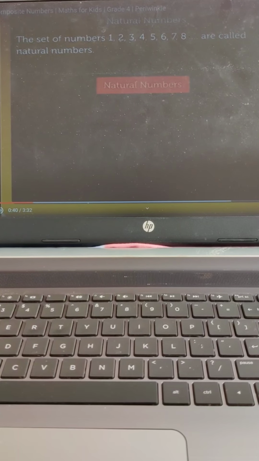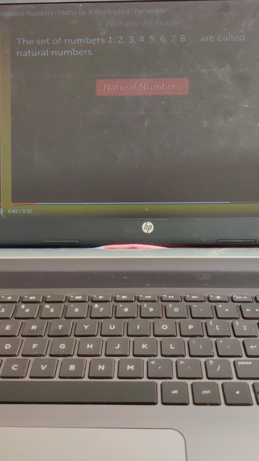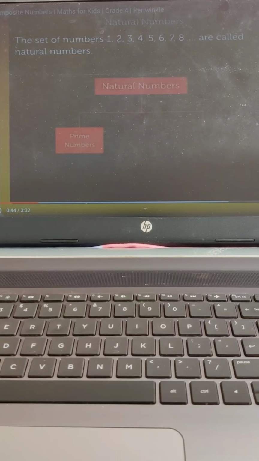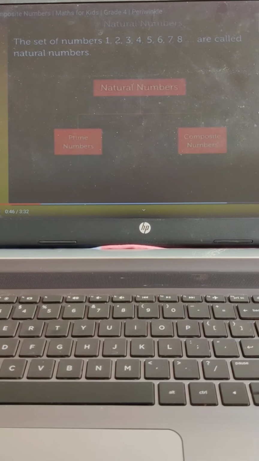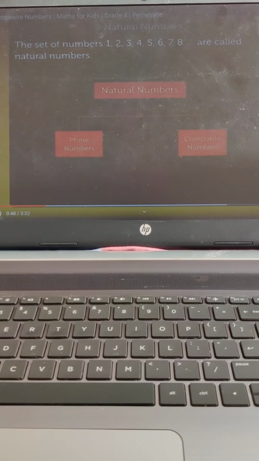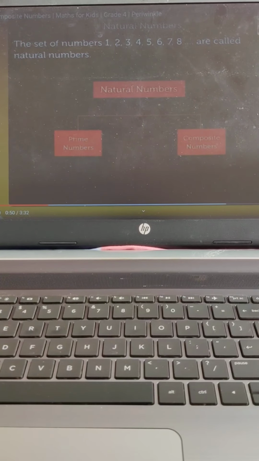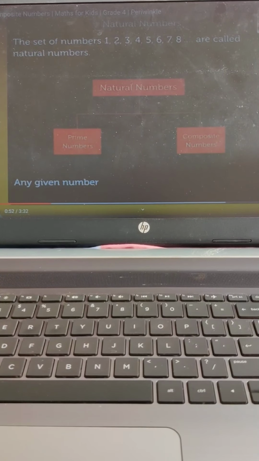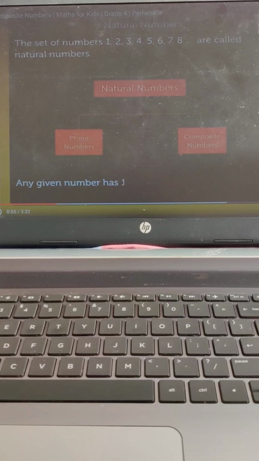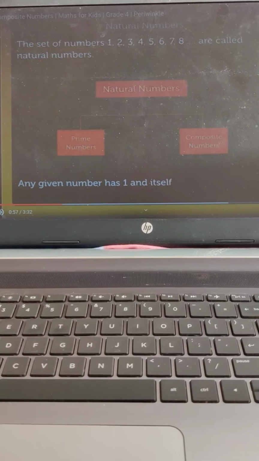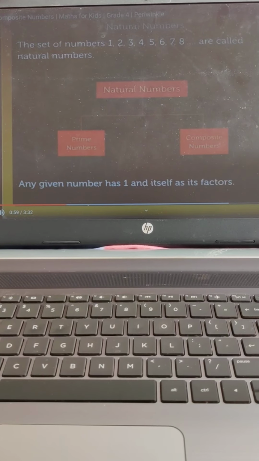Natural numbers can be divided into prime numbers and composite numbers. Remember that any given number will always have 1 and itself as its factors.